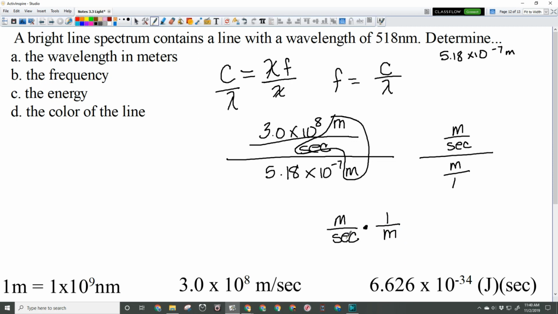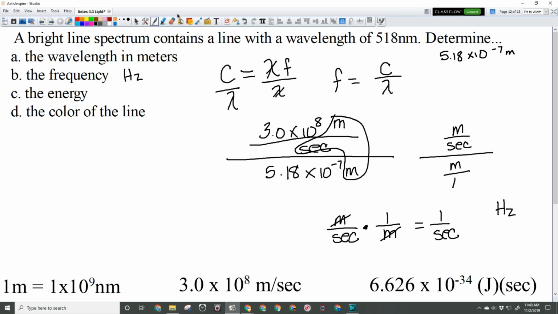Meters cancels meters, so what I'm left with is 1 over seconds. If we look back at your notes that you wrote down for hertz, hertz is 1 over seconds. So we're going to get our frequency in hertz, which is abbreviated Hz.